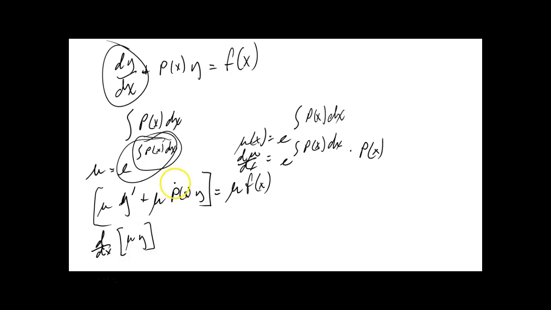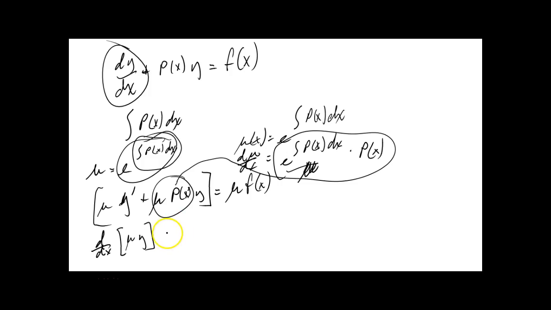So this thing right here is mu, times p of x. That is the derivative of mu times y. And there's the y. So that always works out that way. Now, don't try to memorize this. And this is equal to mu times f of x. Mu is just a function of x.